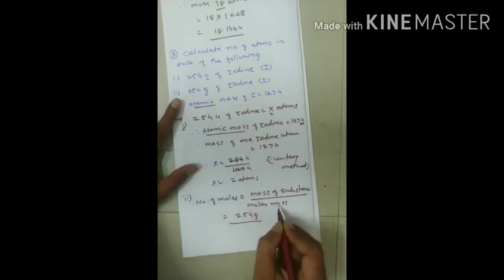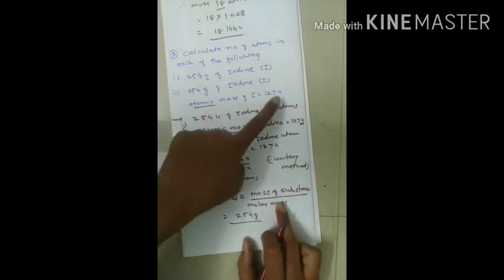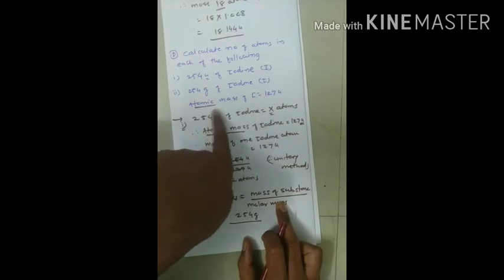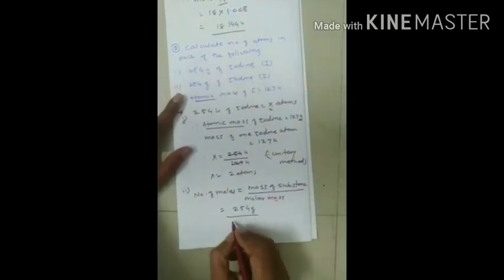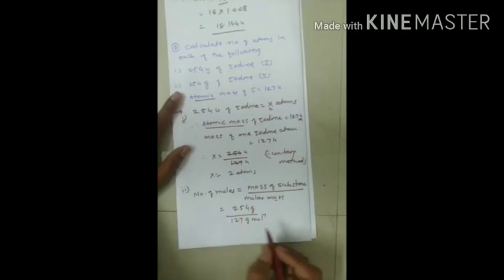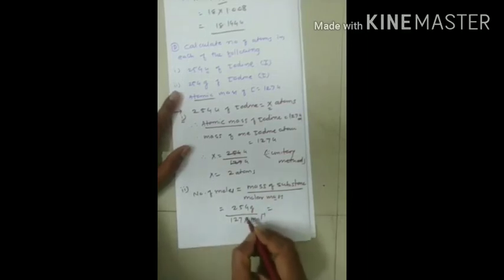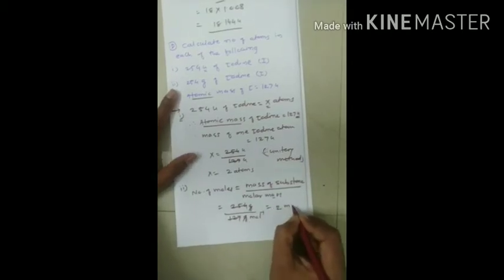And molar mass is nothing but the atomic mass. If atomic mass is in terms of AMU, molar mass must be in terms of gram per mole. That is the only change, only the unit will be changed. So it will be 127 gram per mole. It is very easy. Gram gets cancelled out. 127 2s are 254. So we will get 2 moles.